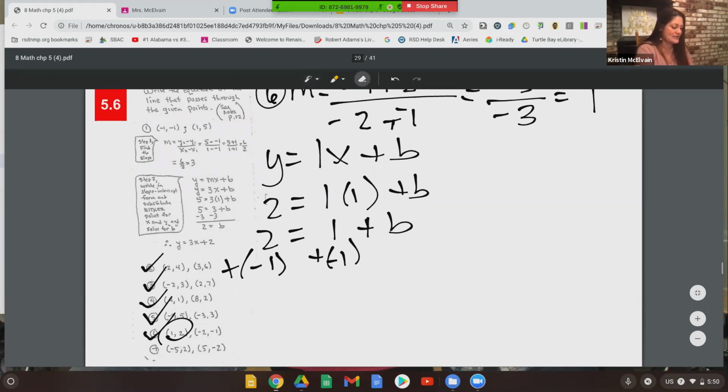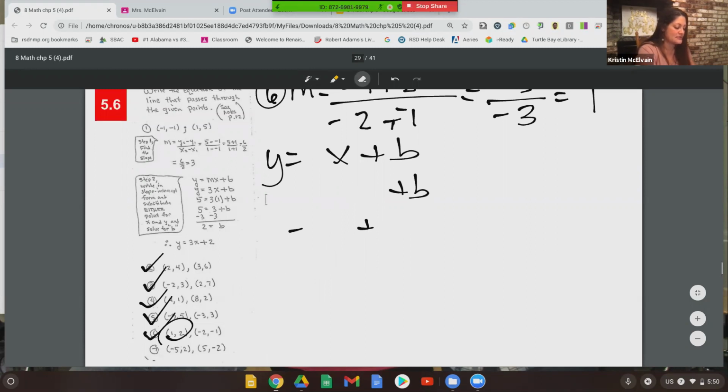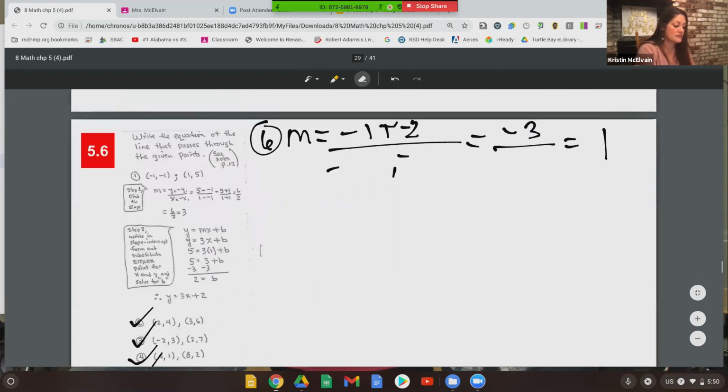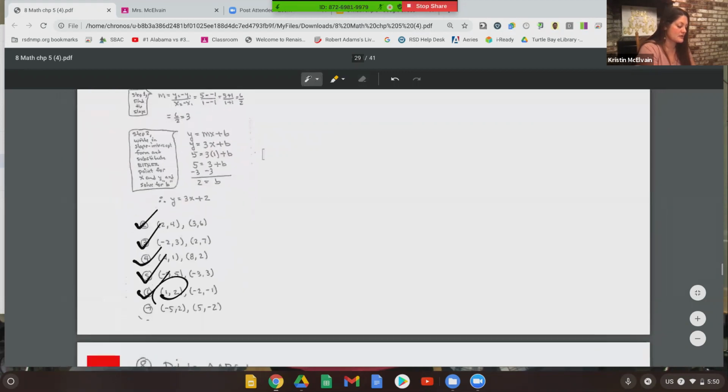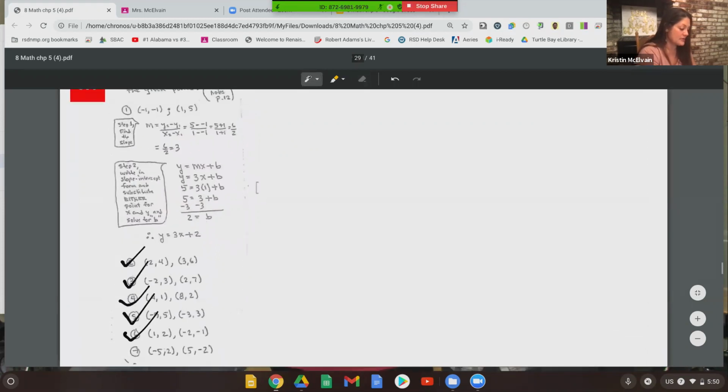On to our last problem like this, number 7. First thing we need to do is get our slope, change in y over change in x.